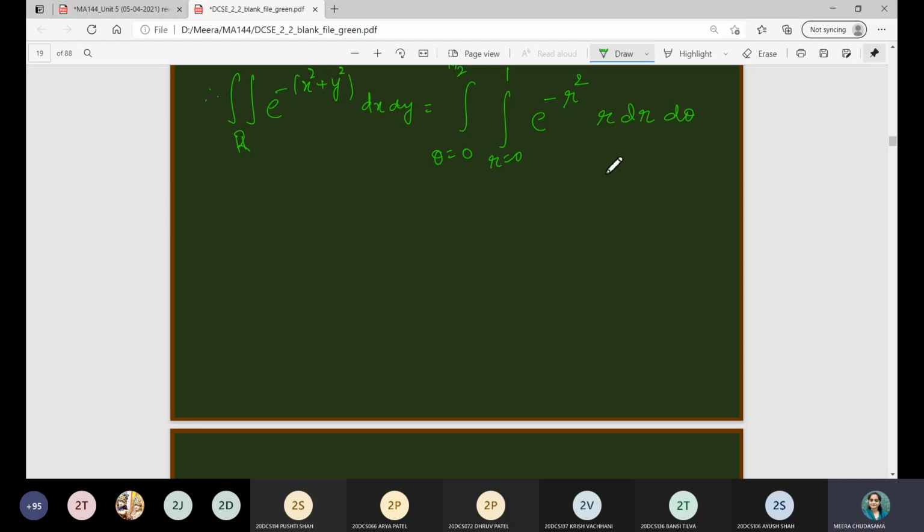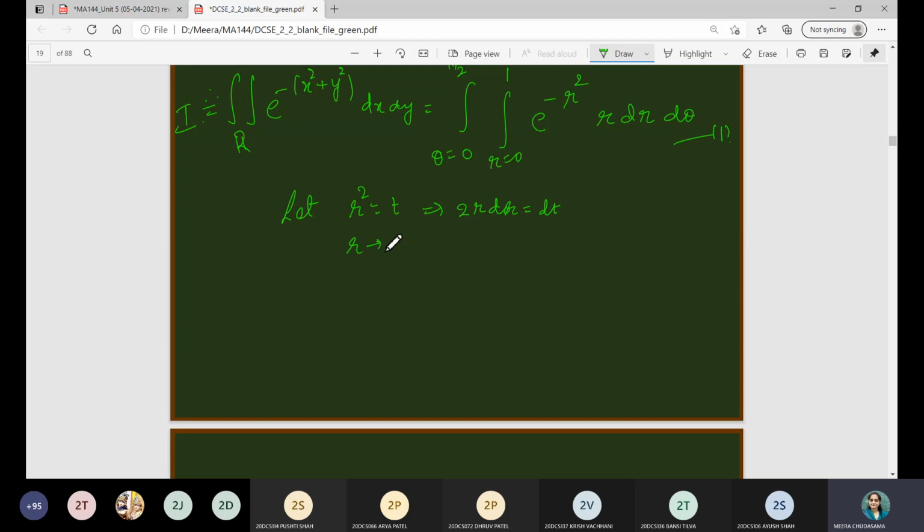To solve this, you have to consider r square is equal to t or some other variable, so that 2r dr will be dt, and then you can have the answer. Let me call this I. So let r square is equal to t, which implies 2r dr will be dt.